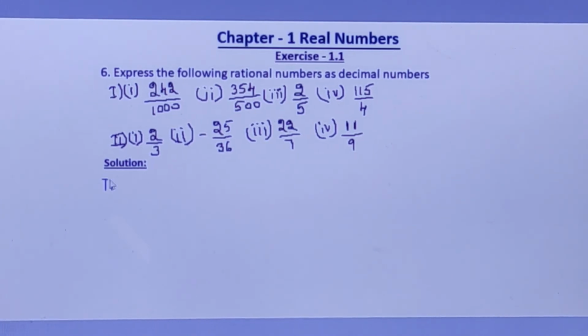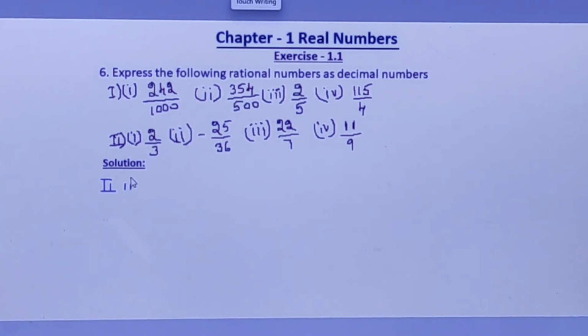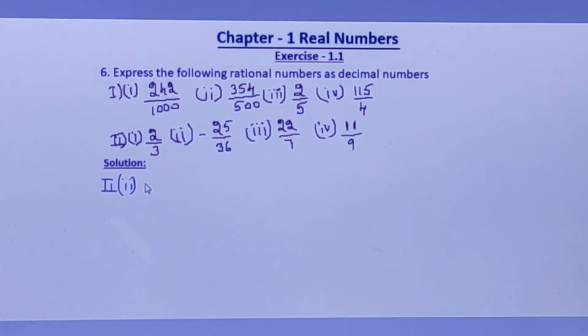Second one, second bit, minus 25 by 36. So let us do the division. So point and 0 here. 36, 6 are 216.